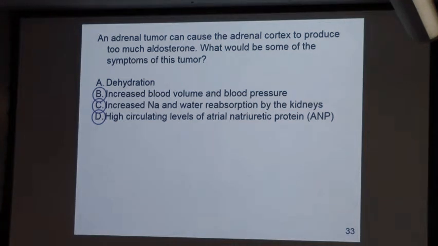C happens because aldosterone is part of the mechanism for increased sodium reabsorption and water reabsorption. Acting where? Where is aldosterone acting? On the loop. What protein is it acting on?